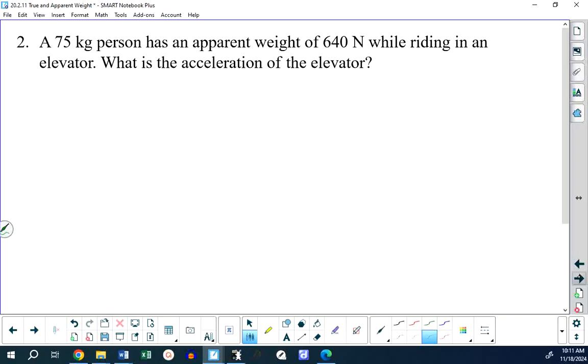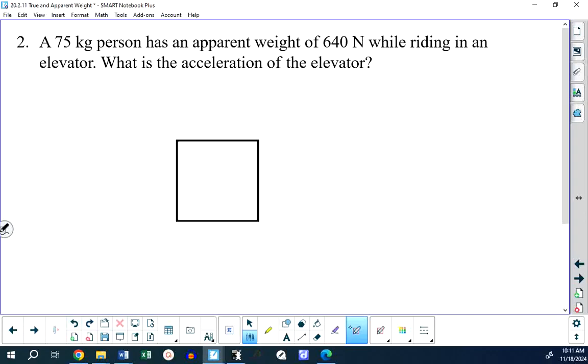So if I were to draw my elevator, and you should draw it as well, it's a futuristic round elevator. Let me do that again. If you were to draw your elevator, what we can label on here is a force upward, which is the apparent weight, also known as the applied force, of 640 newtons.